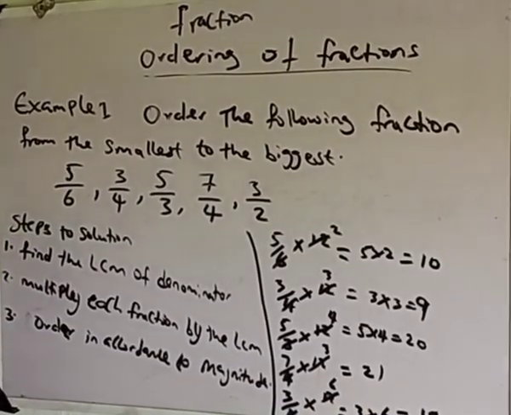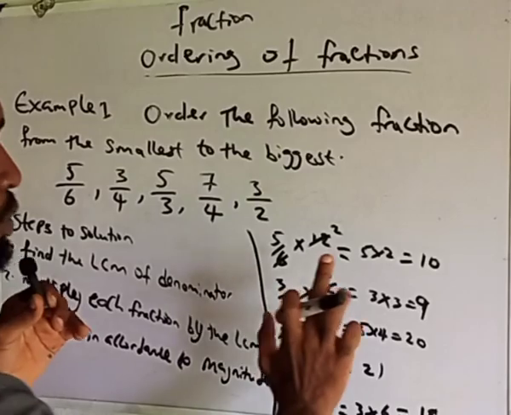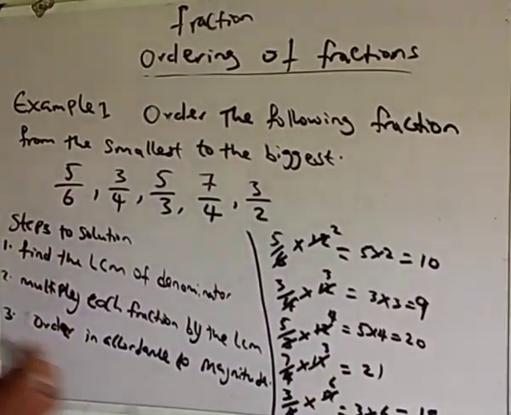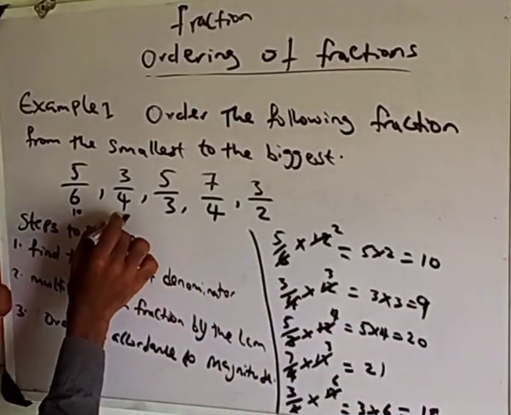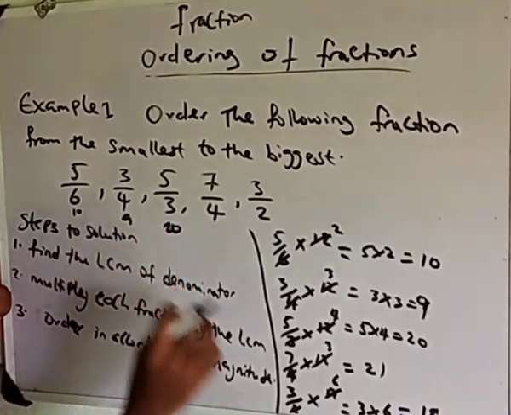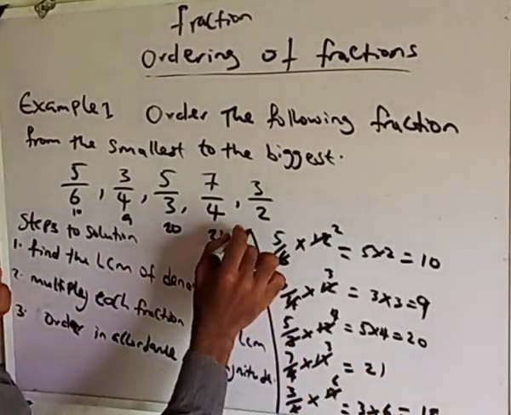Now look at our answers here. The first one gave us 10. Let me just write it under the fractions. So this one gave us 10. The next one gave us 9. The next one gave us 20. The next one gave us 21. The next one gave us 18.